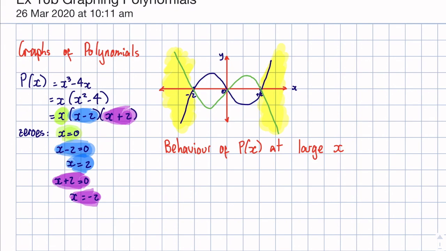Technically, the way to write this is as x tends to negative infinity. So negative infinity is this one down here, yeah? Because that's getting bigger and bigger and bigger, but negative.